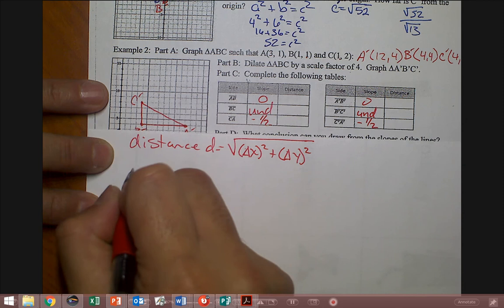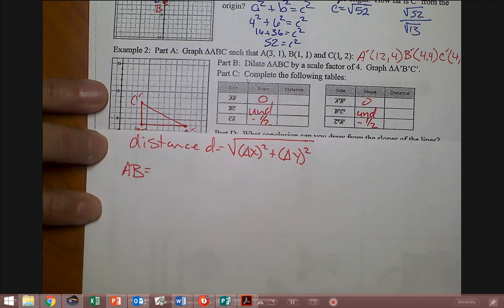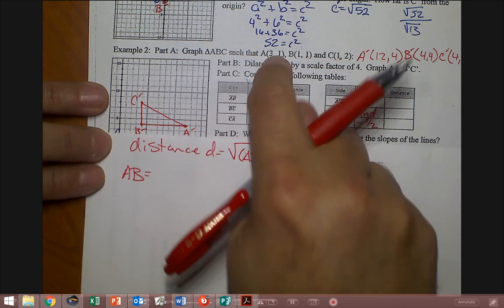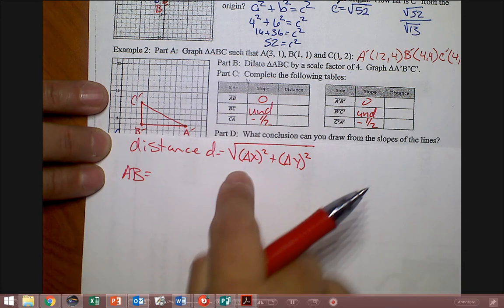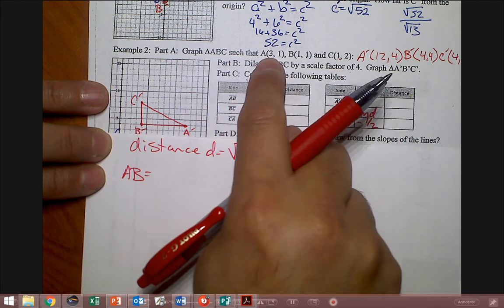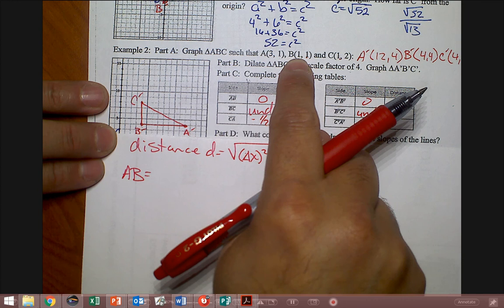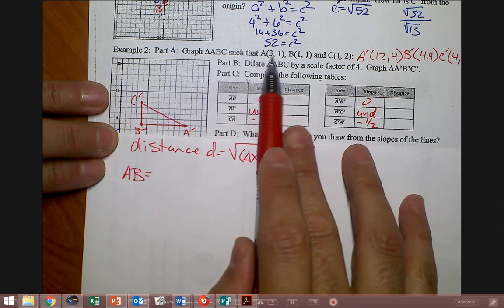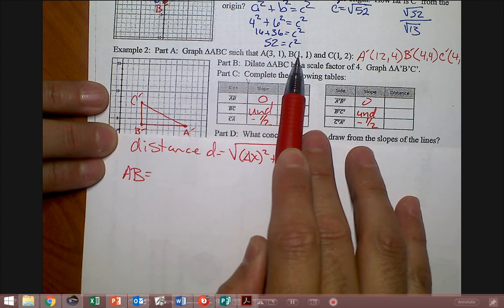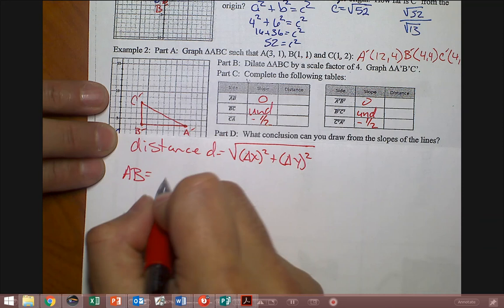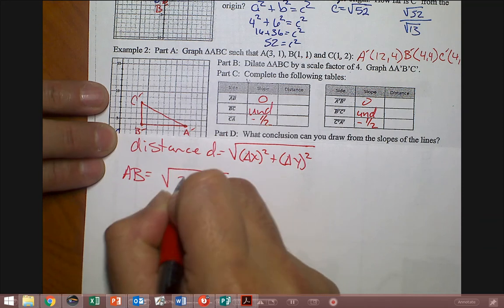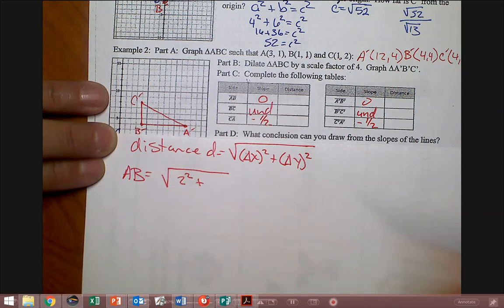Now if we're going to do AB again, here's A and B. How far apart are my x values? On a number line, how far is 3 away from 1? 2. Very good. So it's going to be the square root of 2 squared plus.